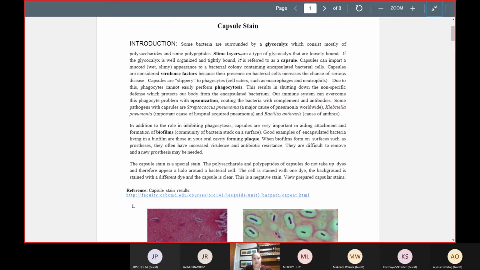It protects it from some of the things here that it talks about, phagocytosis, which is why it would be considered a virulence factor, because it makes it hard for our bodies, hard for other animals to eat these bacteria, and so it kind of protects them and gives them an advantage.